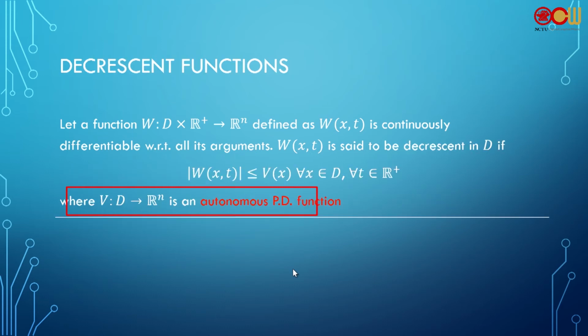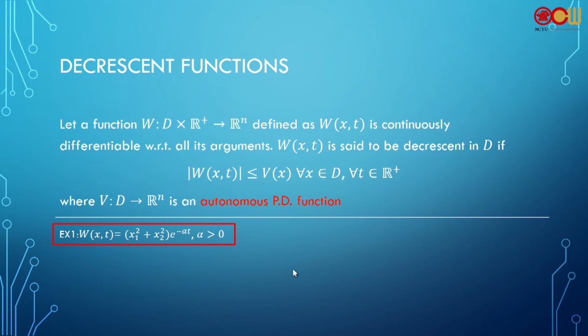So if we say W is a decreasing function, you need to find its upper bound, which is a PD autonomous function, which doesn't depend on time. For example, this is W(x,t) because it depends not only on x but also on time.